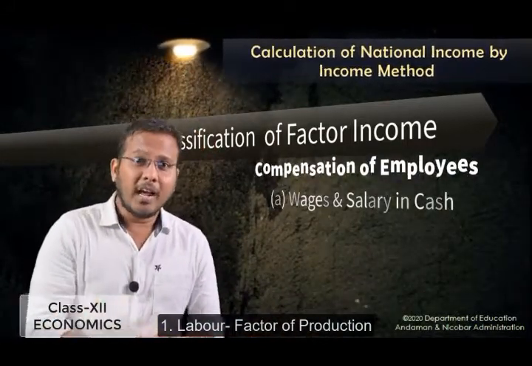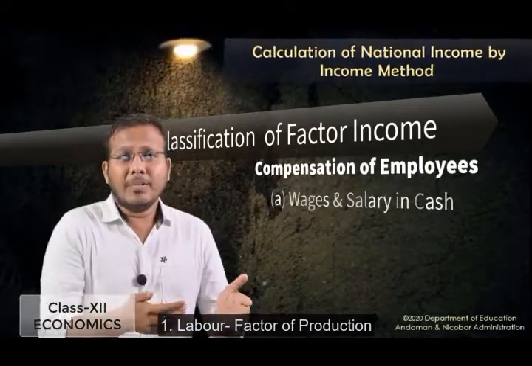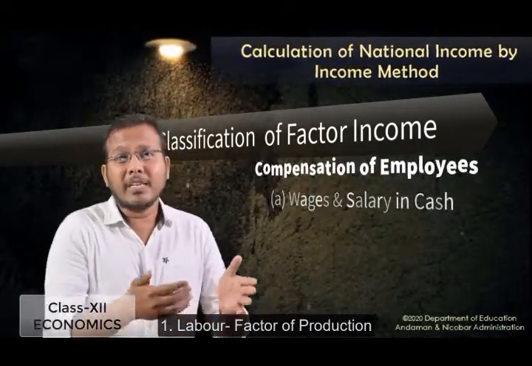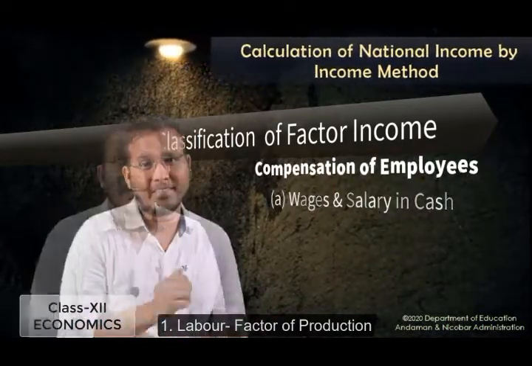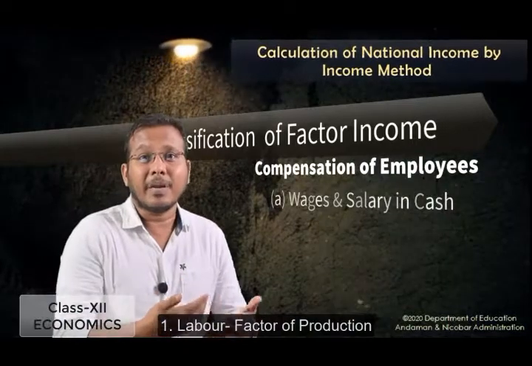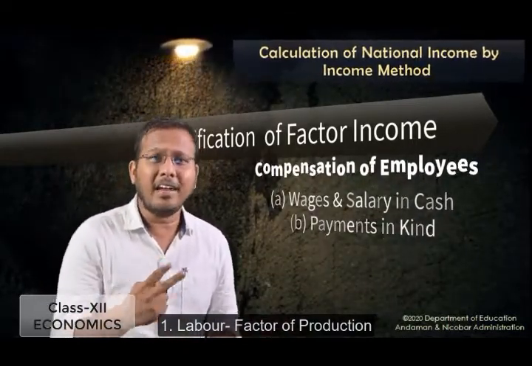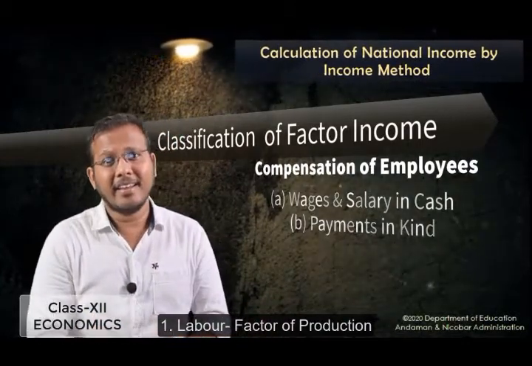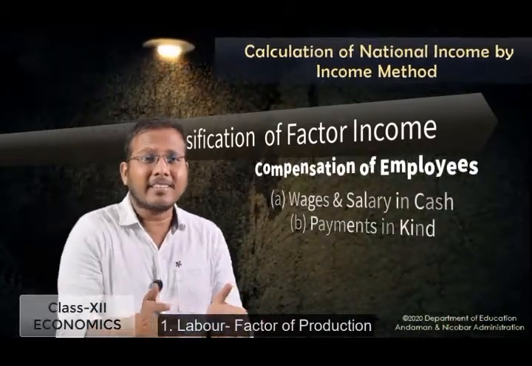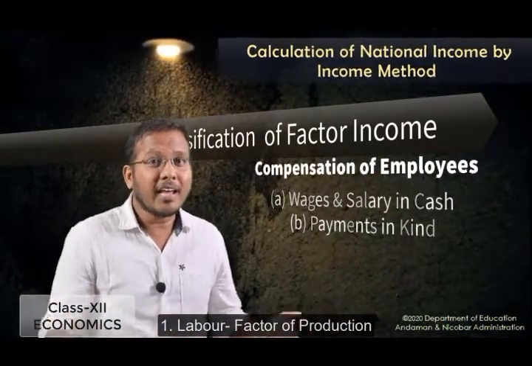Apart from wages and salary, when some people are involved in the production process or economic activity, they are not only paid in cash. Some people even get payment in kind. So the second one is payment in kind, which refers to benefits in kind. Take the example of an employee who gets rent-free accommodation given by the employer.